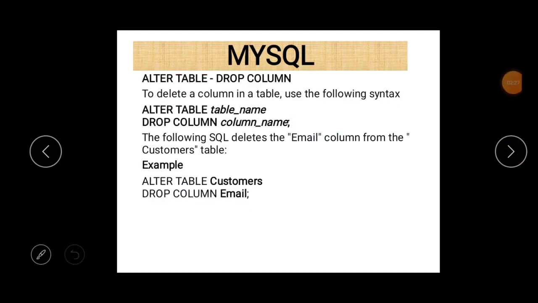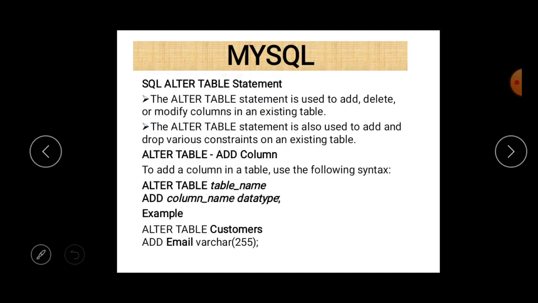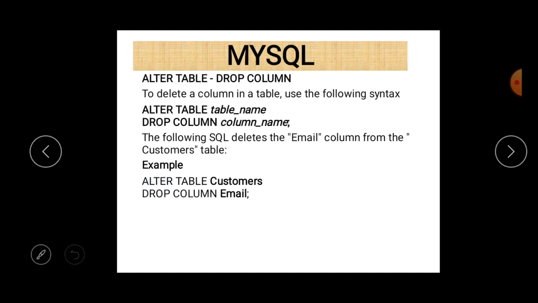Next is drop column. If you want to drop a column in an existing table, there is a keyword called drop. So we write alter table, then the table name, and then drop column. In the first case we write add, but in this case we write drop column, not just drop, because drop by itself is a command to drop a whole table.